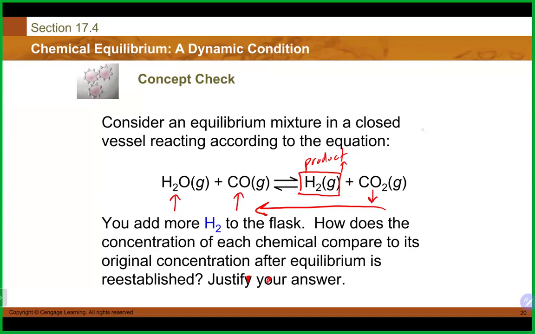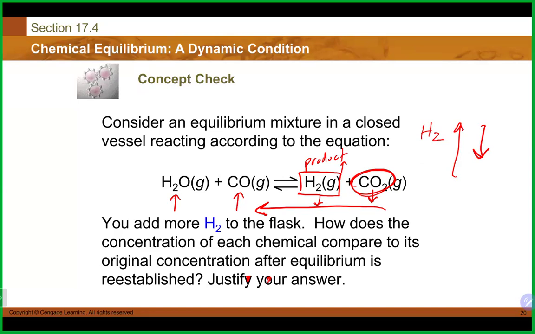We will see a similar effect on the H2 as we did with the water. It will probably go up high because you added it, but once it starts reacting with the CO2, you should start to see its concentration come back down as well. Any questions on that?